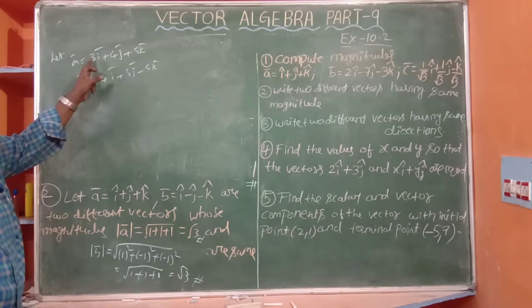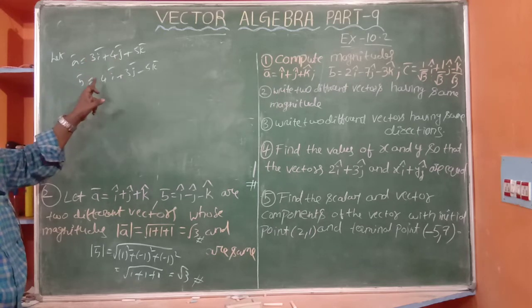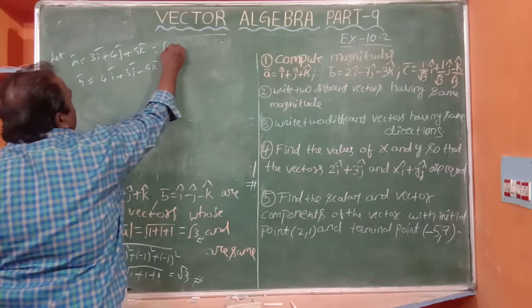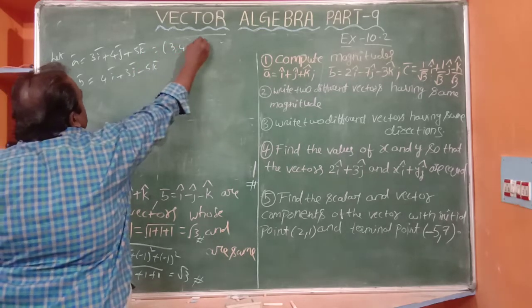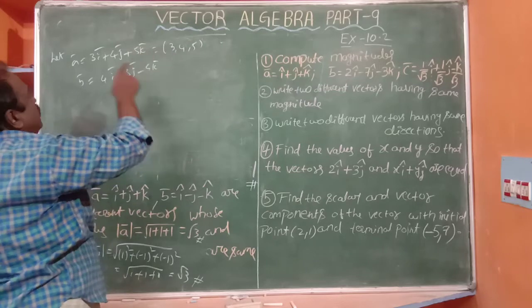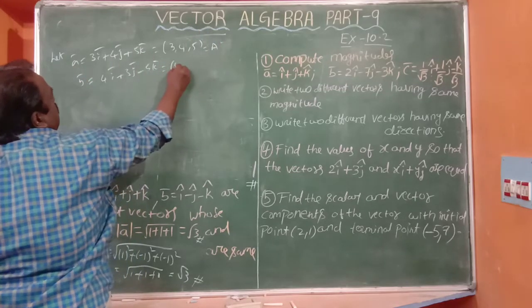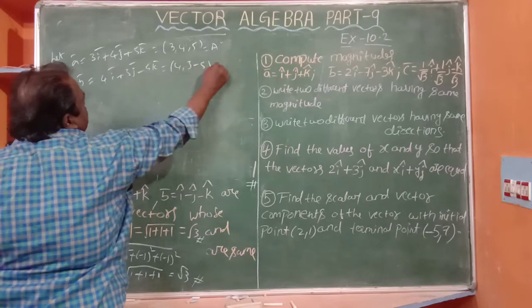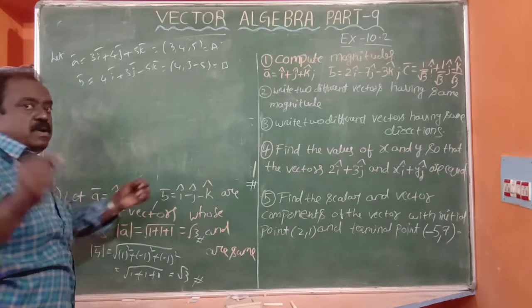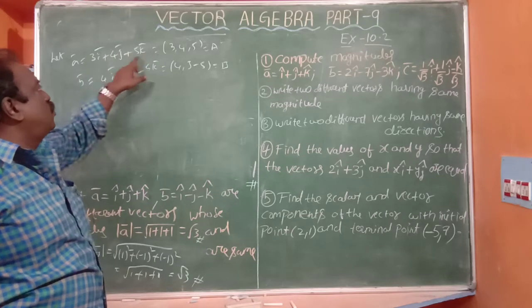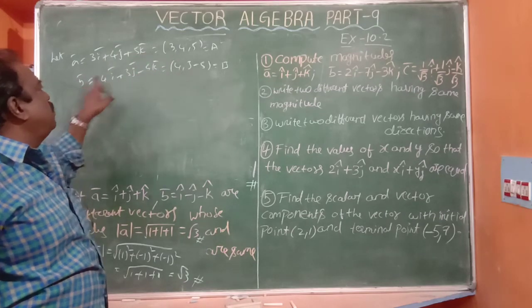Because here 3, 4, 5 is there, but 4, 3, minus 5. In terms of points, 3, 4, 5 is a point, say capital A. It is a different point from 4, 3, minus 5. So there are two different points in the space. A bar is small a bar like this, b bar is b bar like this one.